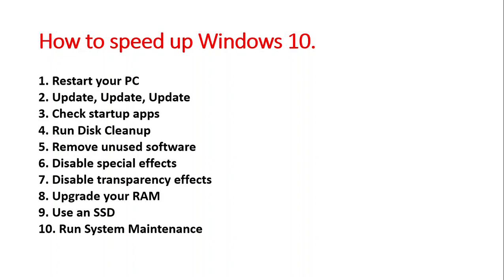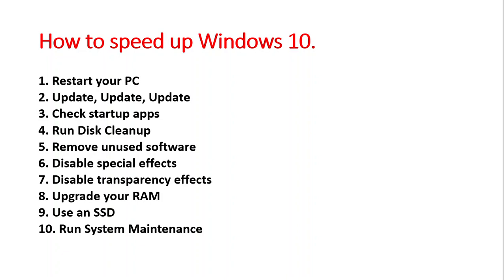So it will still be there on the hard drive, and these take up the space of the hard drive, right? So you need to remove such software which you do not use regularly. You need to uninstall the programs that you no longer need. So this can speed up your Windows 10.